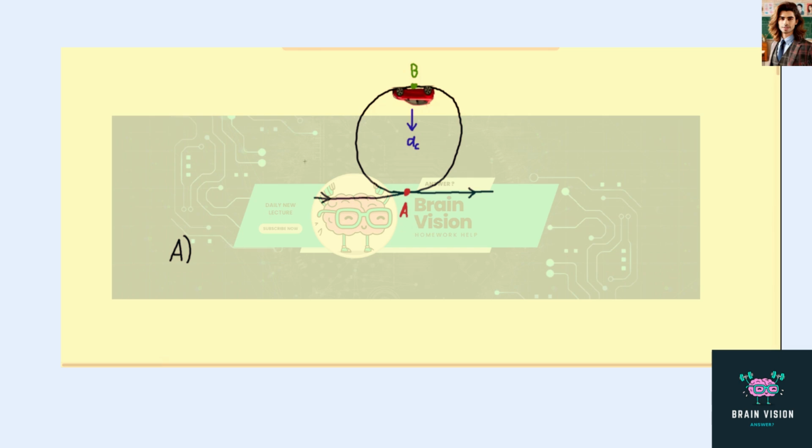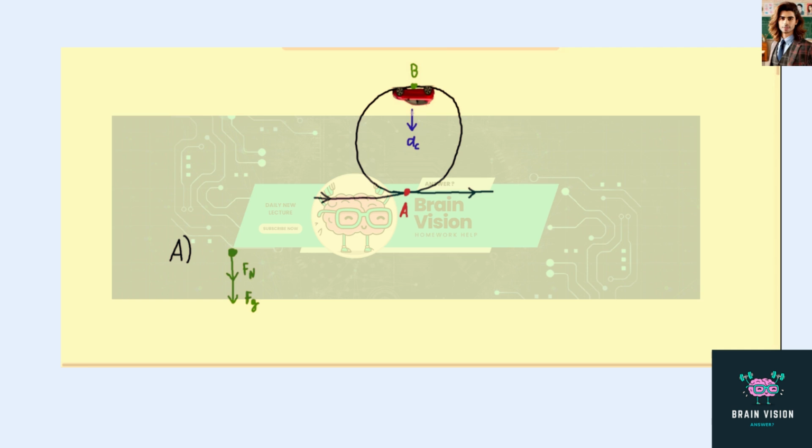At point B, we have the car in this free body diagram. And we know that gravity, of course, is pulling it downwards. But also, the track is exerting a normal force on it. So we have normal force and force of gravity.